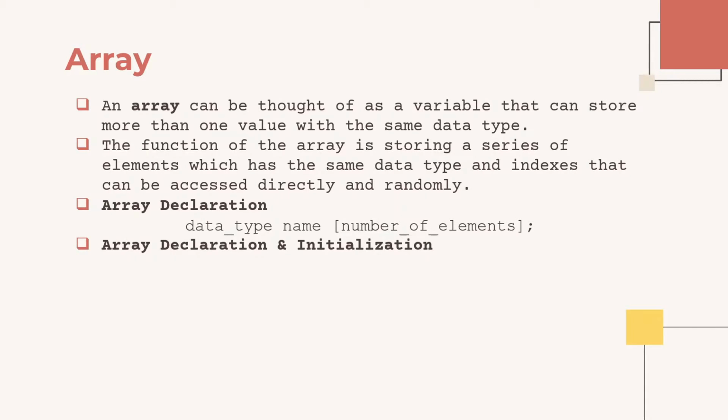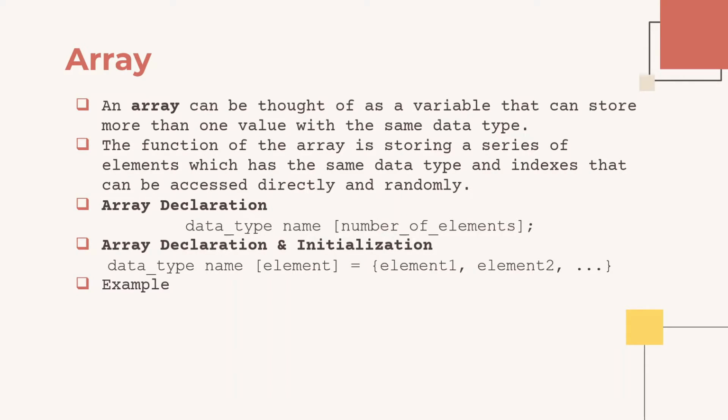We can also declare and initialize an array using one statement, and the format is data type, then the name of the array followed by the number of elements, and then an equal sign, and then we specify the elements of data in curly brackets.